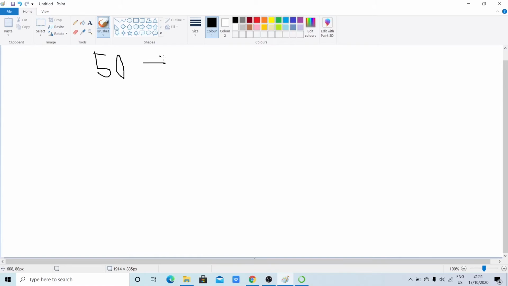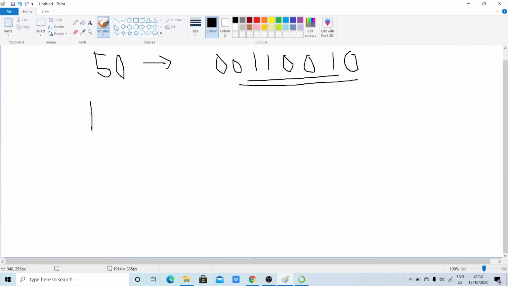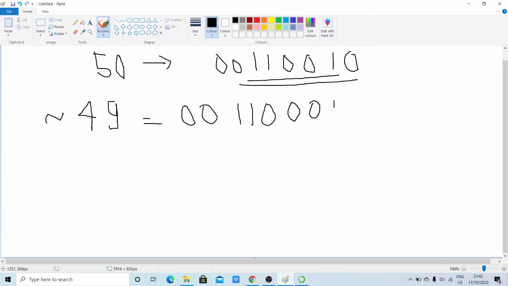So for 50, the binary can be written as 0 0 1 1 0 0 1 0. So first we find the negation of 49, which is 0 0 1 1 0 0 0 1.